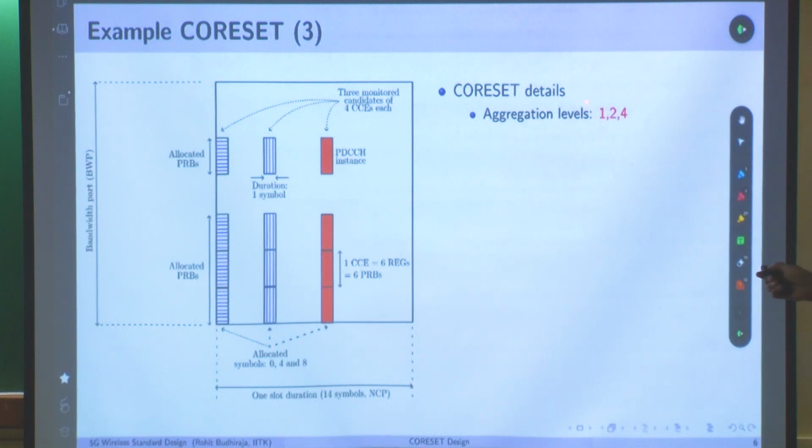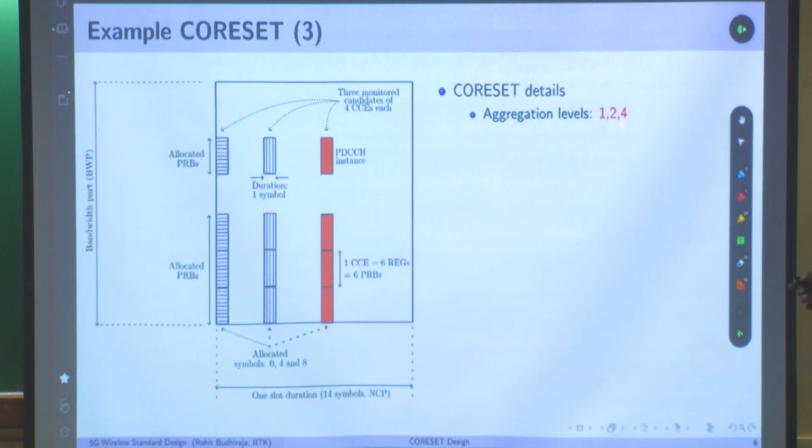Sometimes it is hitting good SINR condition, sometimes bad SINR condition. If it is in a poor SINR condition, the base station will use aggregation level 4. If it enters a good SINR condition, it will use aggregation level 1. The user knows only this, and the user knows that this is the Coreset defined at different aggregation levels. Okay, that is the difference now.